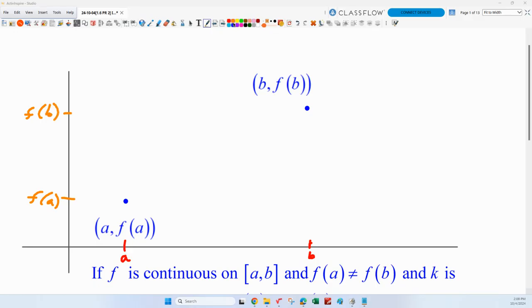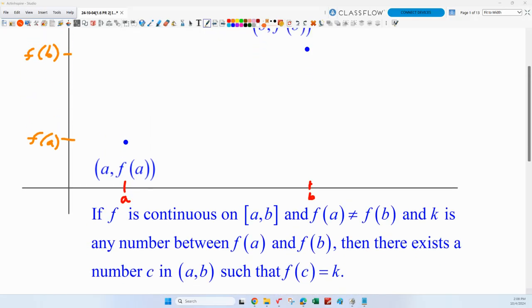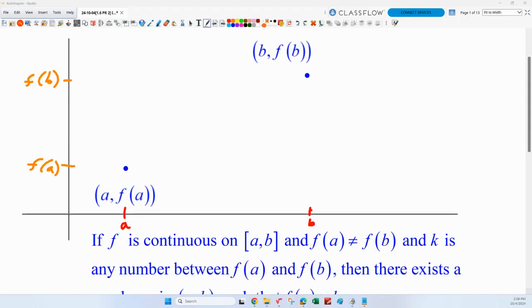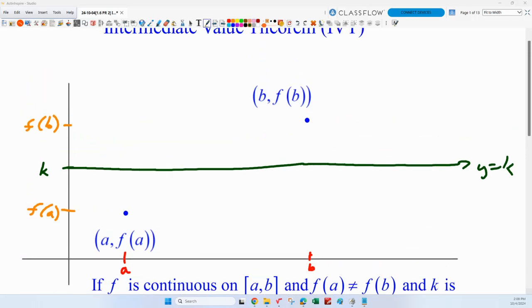They're not equal, right? Then what the intermediate value theorem says is that if k is any number between f of a and f of b, so between those y values, let's arbitrarily just pick this to be k. So there's the horizontal line, y equals k. What do you suppose the existence theorem is going to guarantee then?